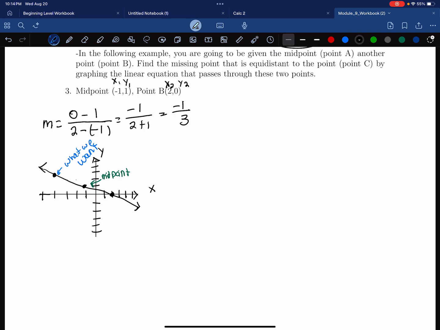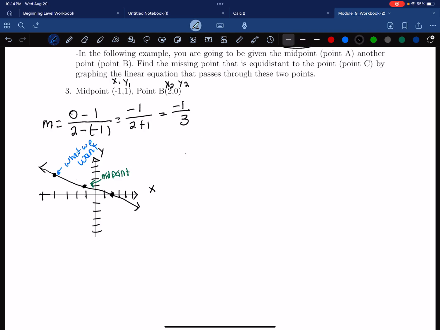And using this, the midpoint we know is negative 1, comma 1. We're going up 1 y value. Taking negative 1 from the midpoint, we're going to go negative 1 minus 3 from our slope. Sorry, I made a mistake here.